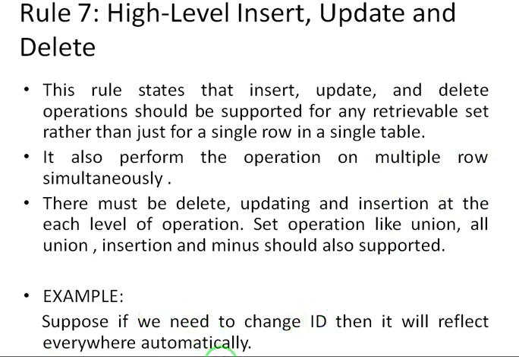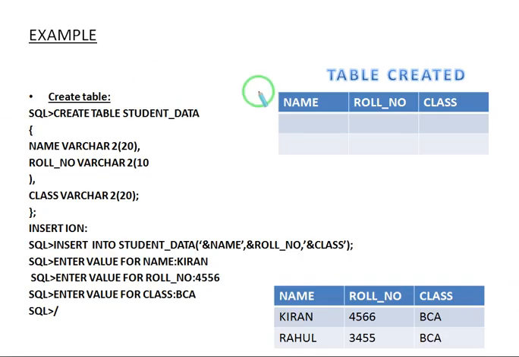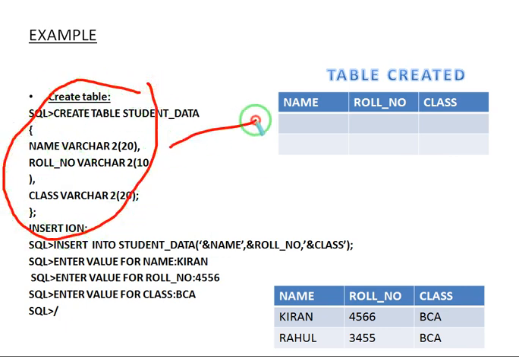Suppose if you need to change an ID, then it will reflect everywhere automatically. So see here, SQL create a table student having the name as one attribute, varchar is the data type. How to create a view, how to insert a row, we will study in unit number 2. But just for the sake of understanding this rule for the relational database, using this syntax, we create a table.